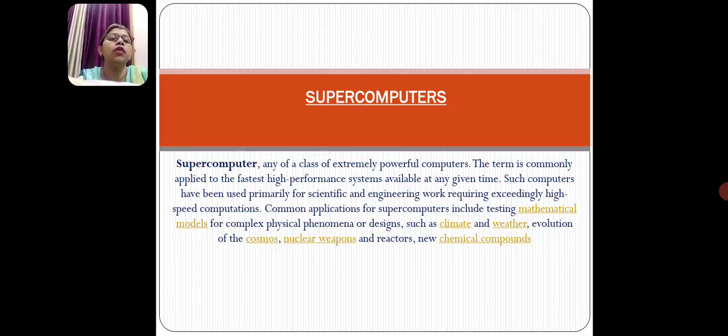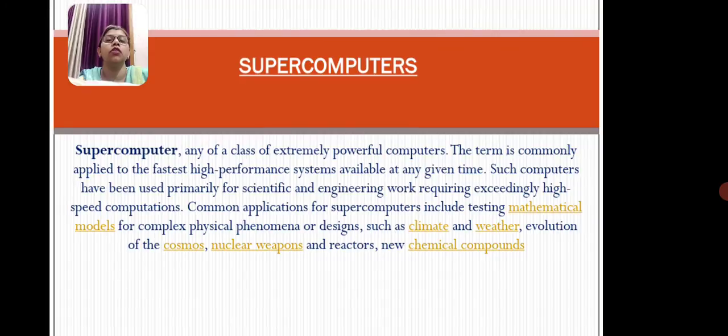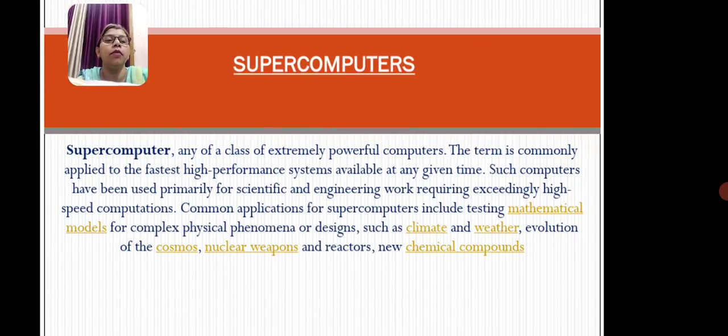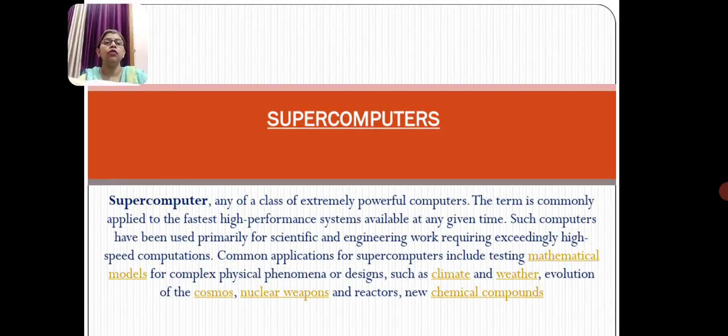Common applications for supercomputers include testing mathematical models for physical phenomena or designs, such as climate and weather, evolution of the cosmos, nuclear weapons and reactors, and new chemical compounds. As its name gives a reference, it has a lot of memory.